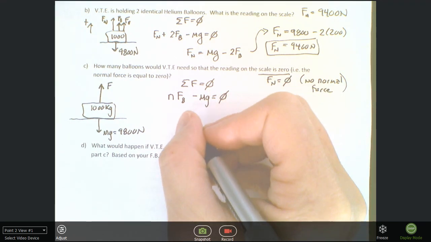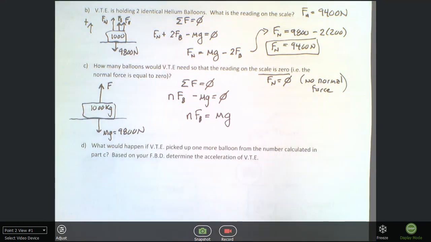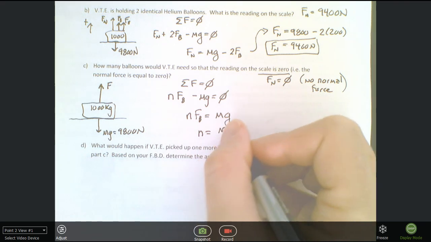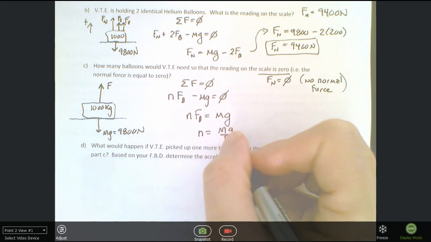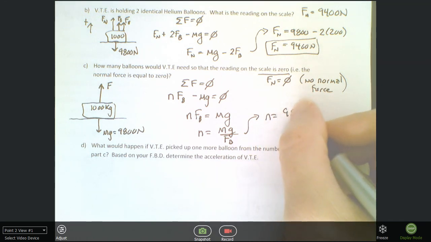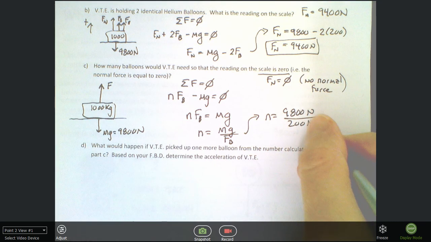And so however many balloons there are, it must balance the weight. So to find n, we just take the weight, 9,800 newtons, divided by the force each balloon supplies.